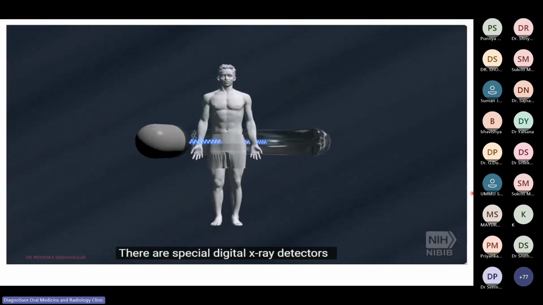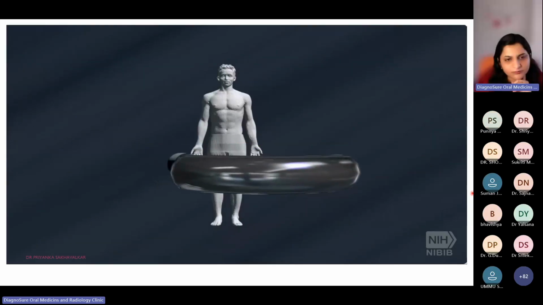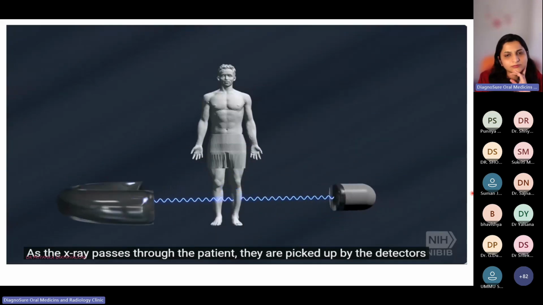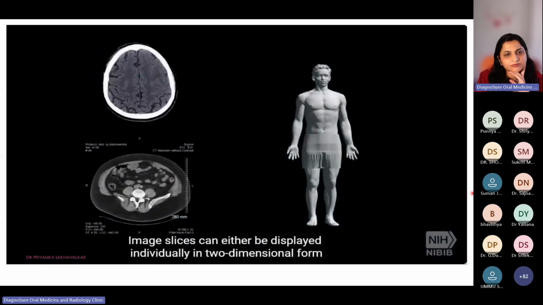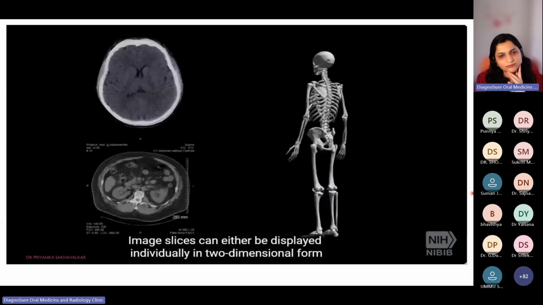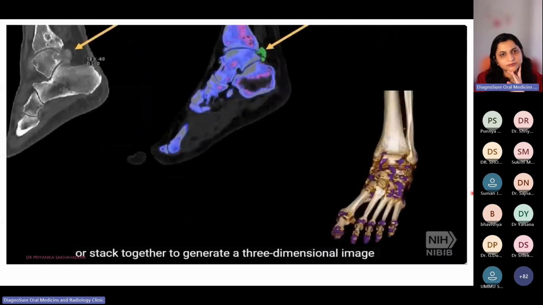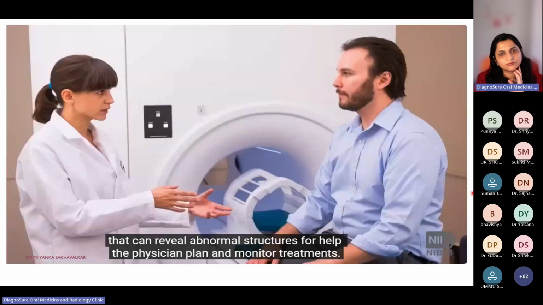There are special digital X-ray detectors located directly opposite the X-ray source. As the X-rays pass through the patient, they are picked up by the detectors and transmitted to a computer. Image slices can either be displayed individually in two-dimensional form or stacked together to generate a three-dimensional image that can reveal abnormal structures or help the physician plan and monitor treatments.